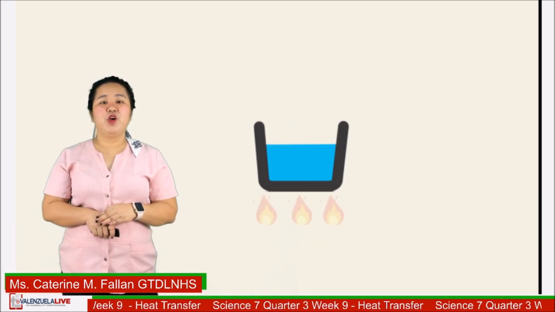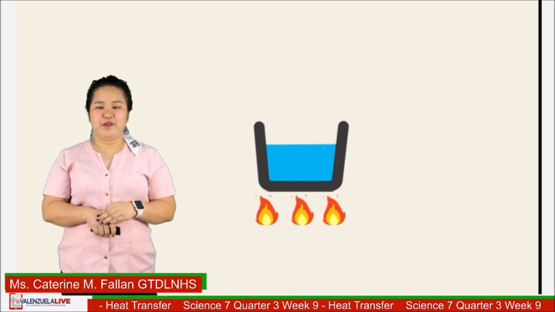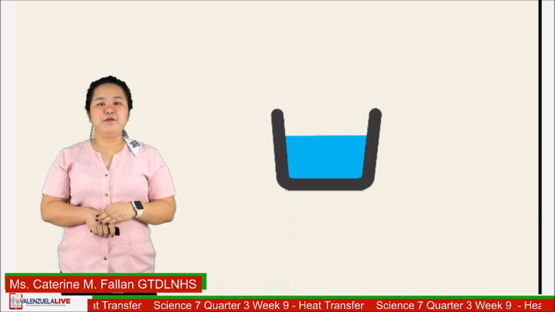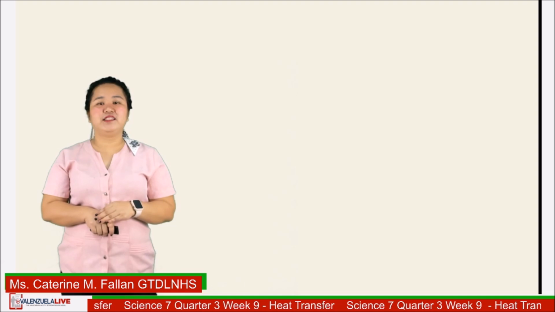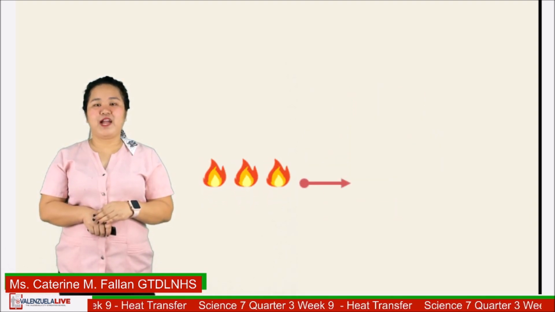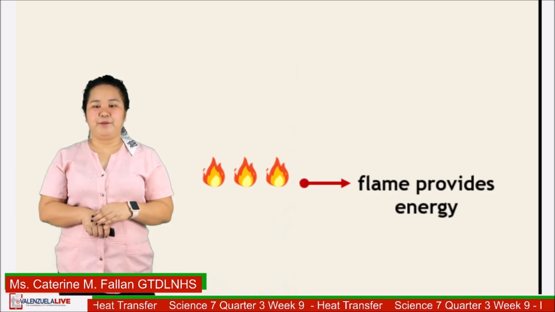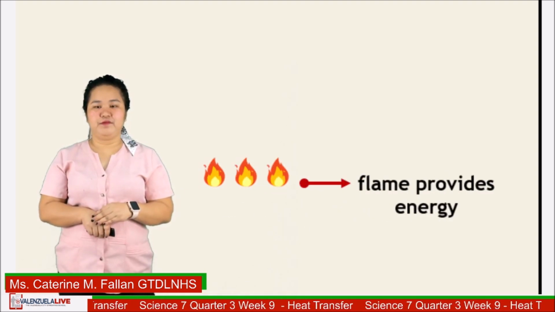For example, we have a container that is full of water and we put it on a flame. After some time, we will notice that the water will boil. The object that provides energy in our example is the flame.